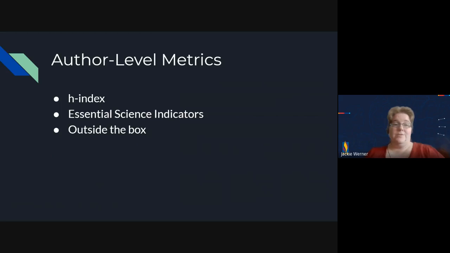The most common of these is called H-index. There are also some covered by Essential Science Indicators, which once again is a subscription service, but I'll give you the idea of that. And then some outside the box sources of metrics.